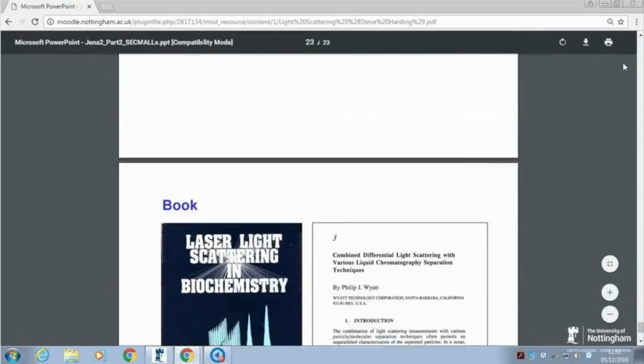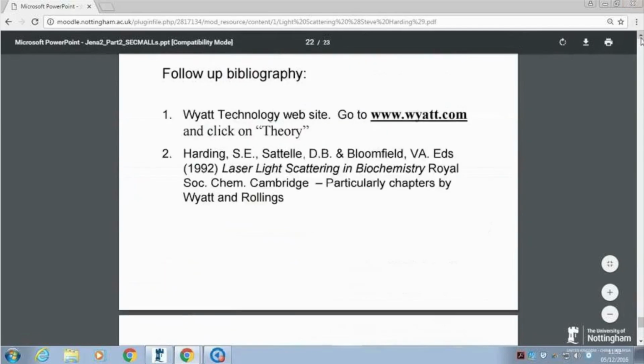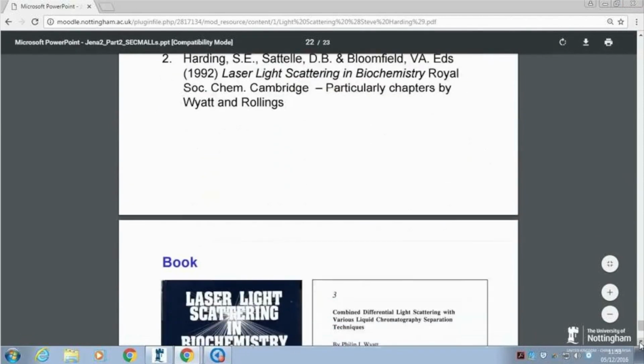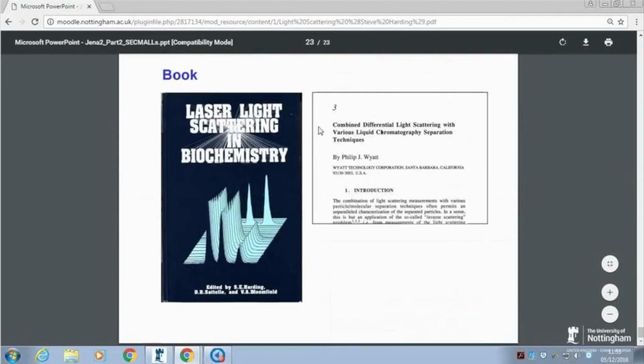And what bibliography? There's that. You're going to go to Wyatt's website. He's a great bloke, Phil Wyatt. And this book. This is a good book, this. But sadly, it's now out of print. It was out of print a few years ago.